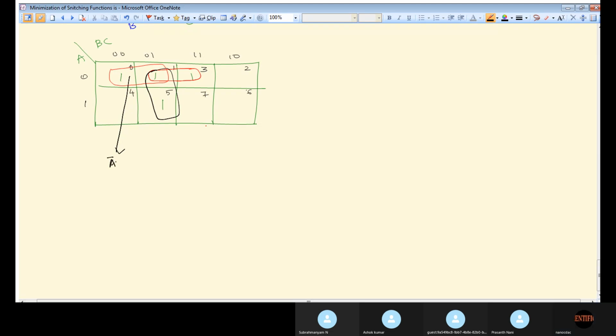A bar B bar. For this, B bar C. Very good. For this, A bar C. So the function will be A bar B bar plus A bar C plus B bar C.